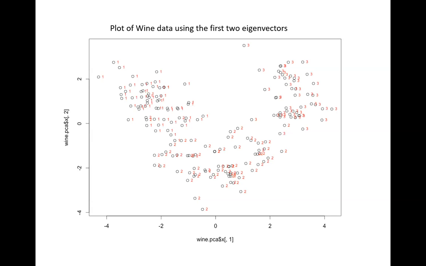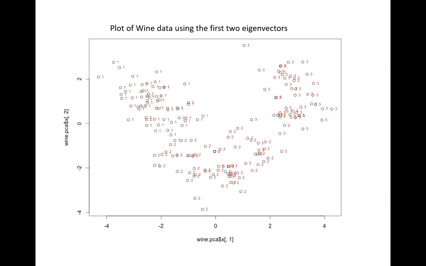If you just take the top two eigenvalues and the top two corresponding eigenvectors and look at the wine data in only 2 dimensions and plot it, that plot is going to look something like this. Next to every point, we have a number, either 1, 2, or 3. Those numbers represent the label or the class indication for the corresponding point.